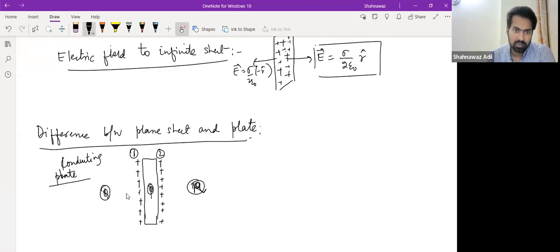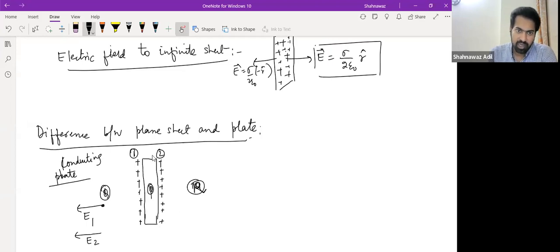Yes, sir. The electric field due to this one distribution of charge at Q point, where would that be? Here, because this is positive, so this would be repulsive. So this is E1, and for E2, this will also be in the same direction. Did you guys understand that?